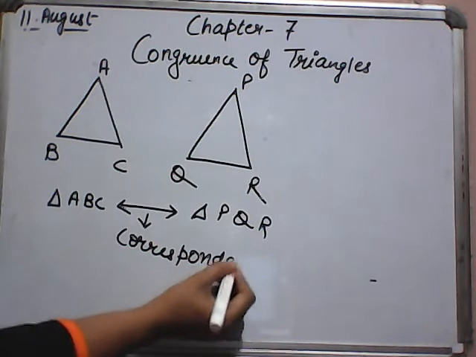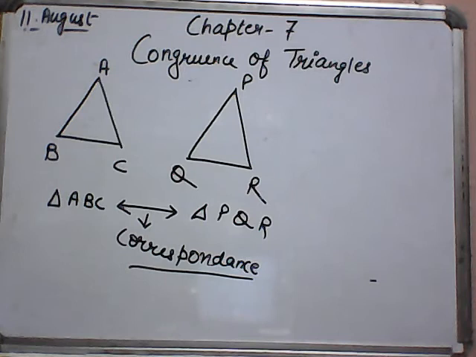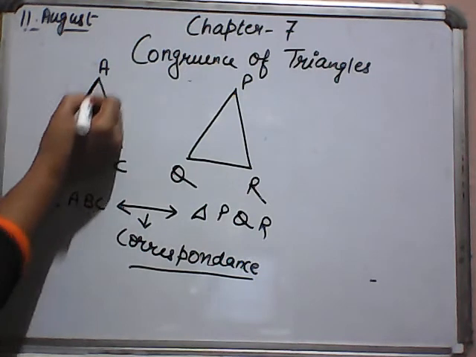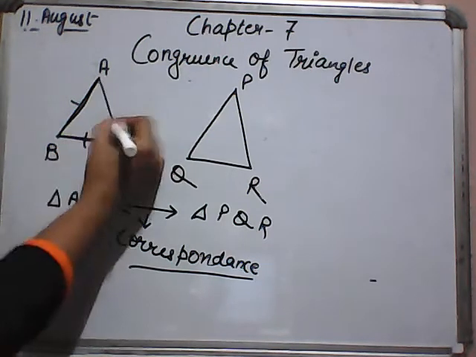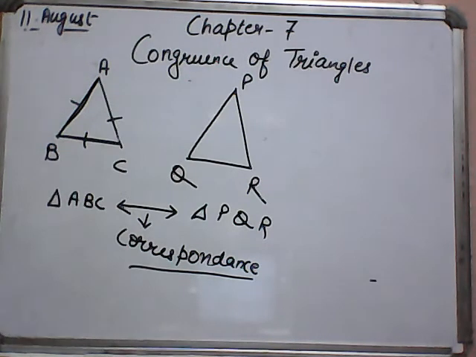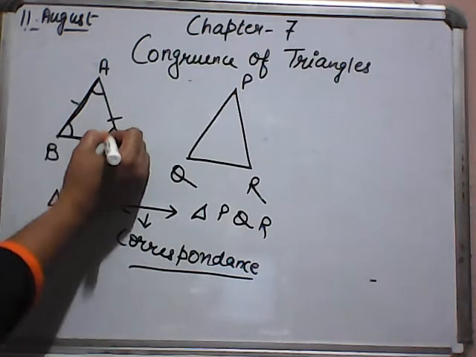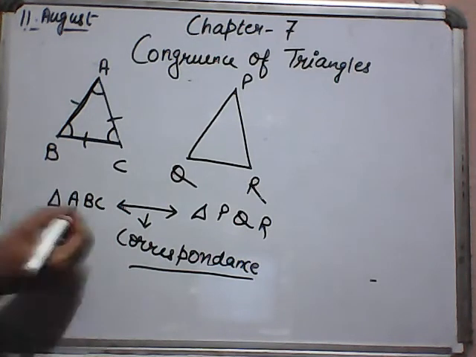Correspondence. What do you mean by correspondence? Triangle ABC has three parts: three sides, AB, BC and AC, and three angles, angle A, angle B and angle C. A triangle has three sides and three angles.